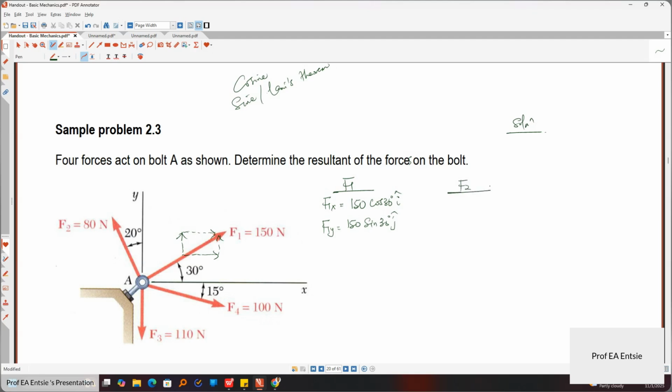F2 too, we have the x component and we have the y component. The x component should go in the direction of x, so here it should go like this.